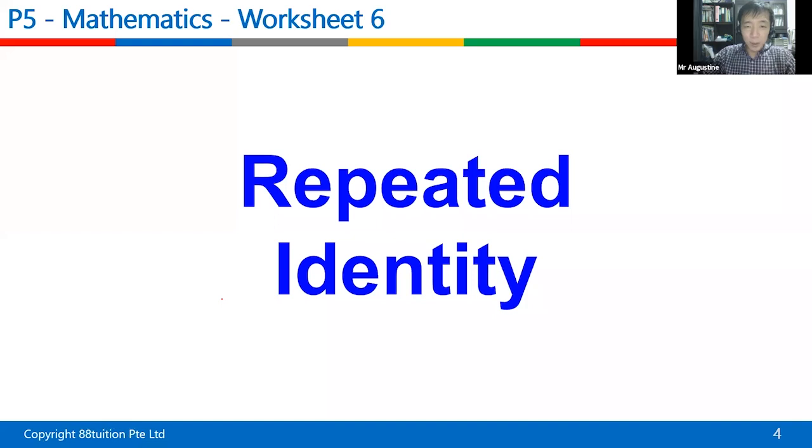Okay, so let's look at the next thing on repeated identity. Okay, so what is being repeated? What is the identity that's repeated that you're thinking? What you're expecting to see here when we say repeated identity? Yes, repetition, but what exactly is the thing that's being repeated?